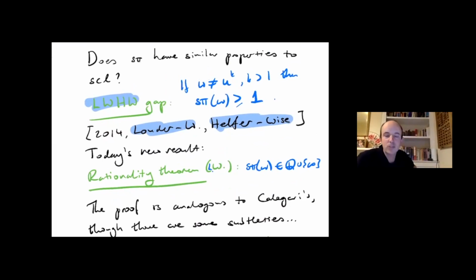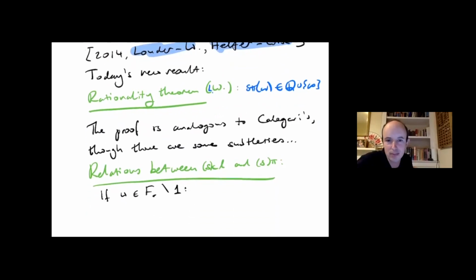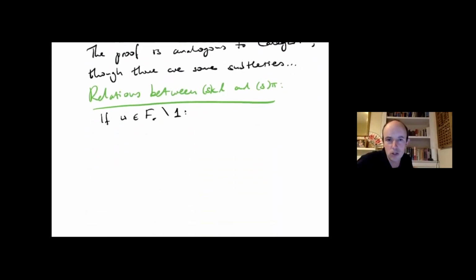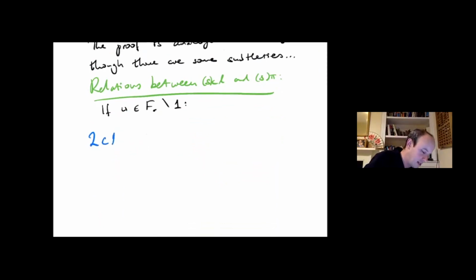I want to finish by giving you some relationships between the quantities that I've talked about. It turns out that there are some fairly easy inequalities that relate all of these things. So for any word in our free group, a better quantity to look at than the commutator length is twice the commutator length of W minus 1.